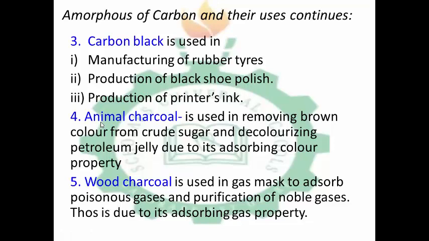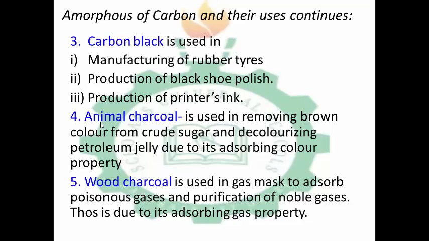Then we have animal charcoal, which is a charcoal got by burning the bones of animal, and it is always used in sugar production industry to remove brown stains from crude sugar.